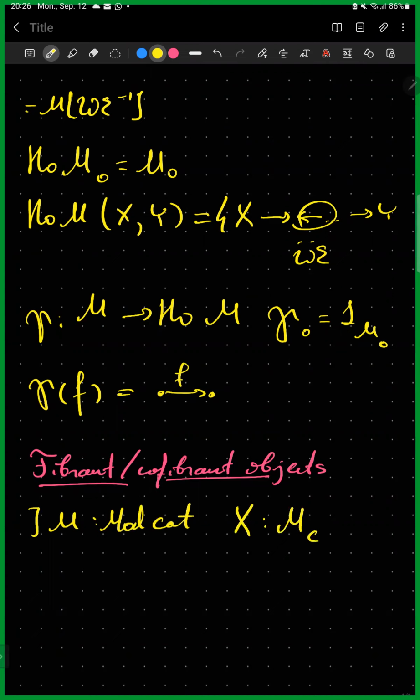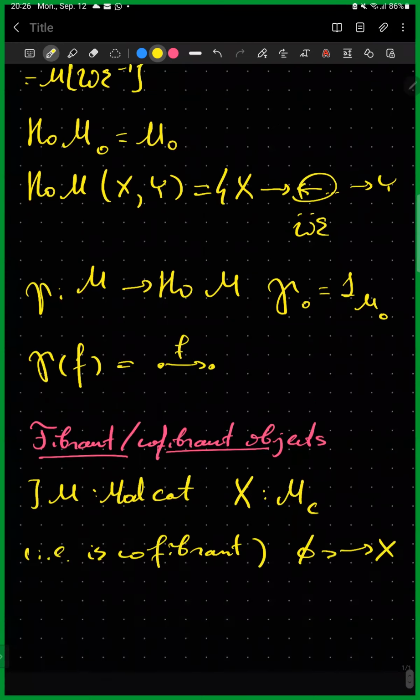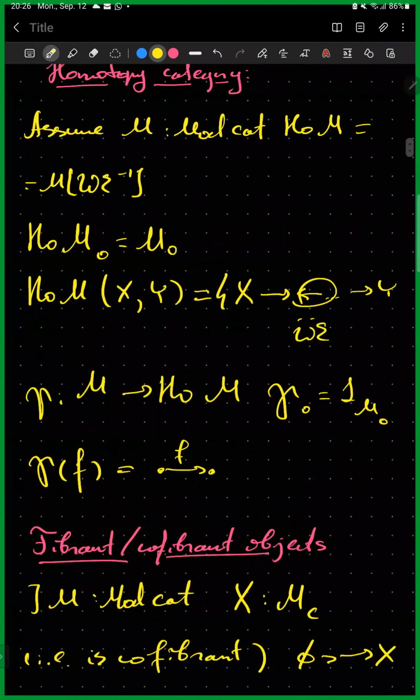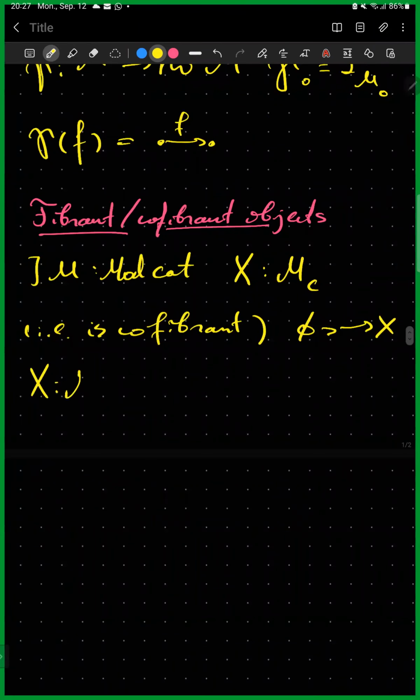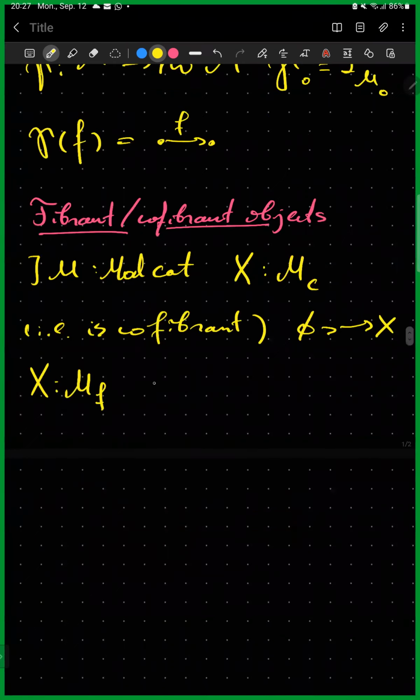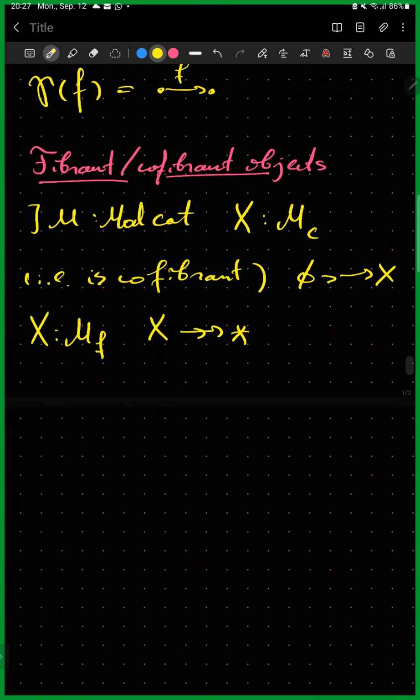So M sub C is a full subcategory spanned by cofibrant objects. X is cofibrant if the unique map from the initial object is a cofibration. Dually, X is fibrant, so this denotes a full subcategory spanned by fibrant objects, if the unique map to the terminal object is a fibration.